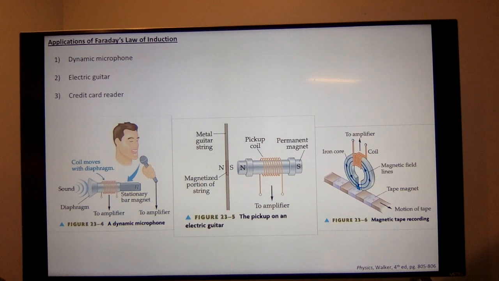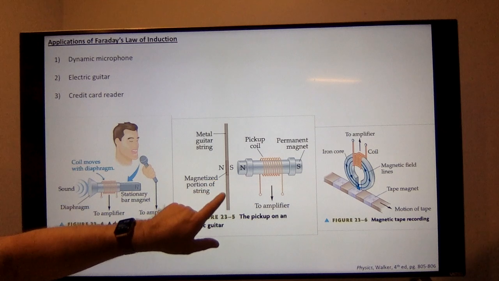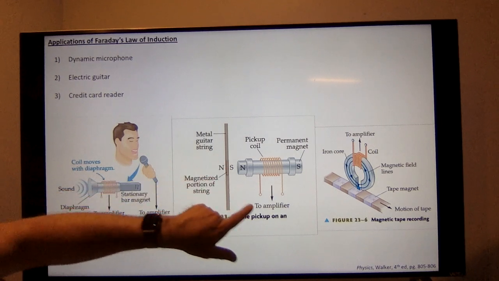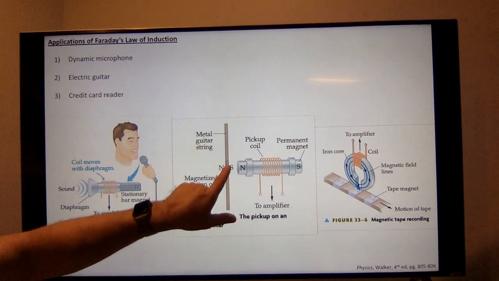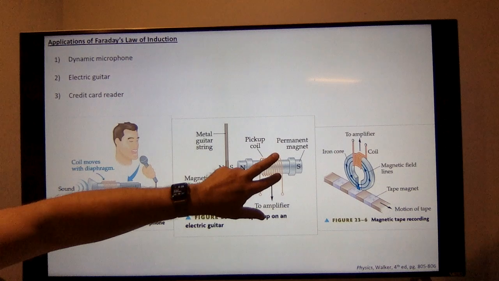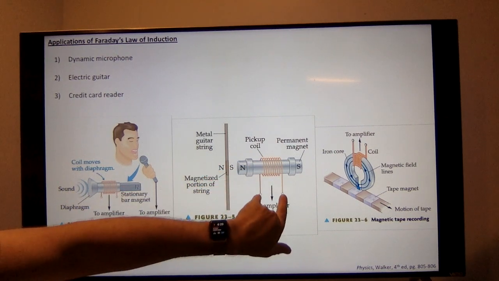Similar sort of thing for an electric guitar. There is a little magnetized portion of the string that is sitting near a coil of wire, and as this vibrates back and forth, it's not unlike what's happening here. The magnetic flux is changing through this coil of wire, which means you're going to get a changing electrical signal.